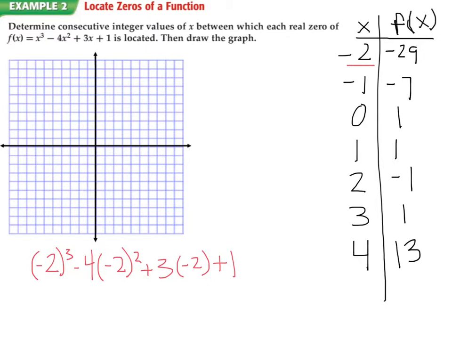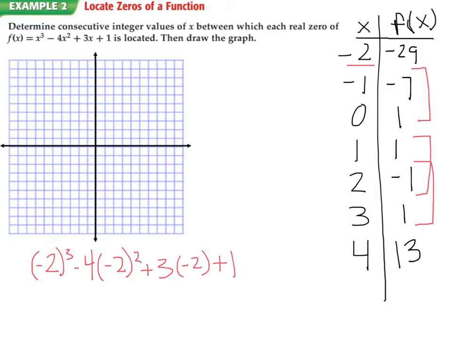So we know from negative 7 to 1, there's a change in sign. And then we also know that from 1 to negative 1, there's a change in sign. And then also from this negative 1 to this positive 1, there's a change in sign. So that's indicating that there's going to be 3 zeros that we're trying to find.